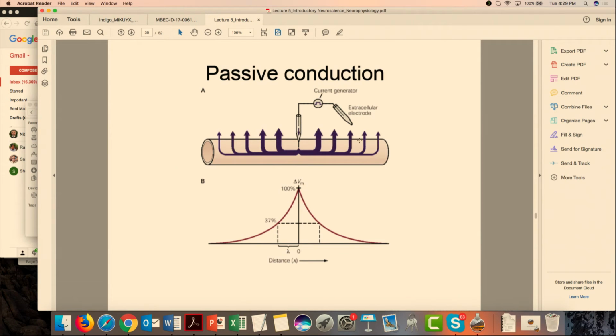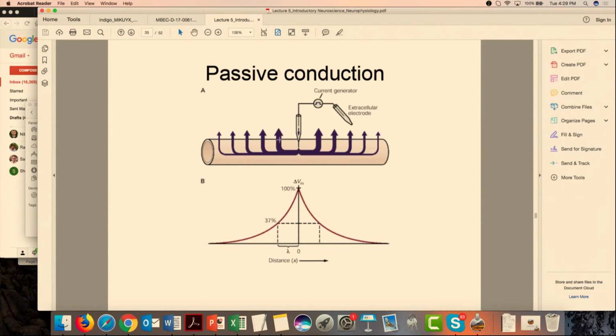And then if there were no channels, if I apply a stimulus voltage, there will be a voltage and it will just decline, because of the capacitive effect and the resistive effect. The voltage will be high in the beginning and then lower and lower, because it is degrading due to the resistance and capacitance along the cable.